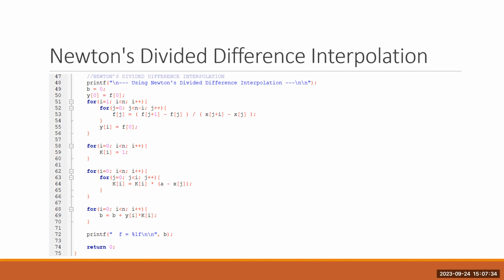The code calculates divided difference coefficients Y based on the provided data points. It then uses these coefficients to construct the Newton interpolation polynomial. The interpolated value B is calculated by evaluating the Newton polynomial at A. The K array stores intermediate values that depend on the specific A value and are used in the calculation.